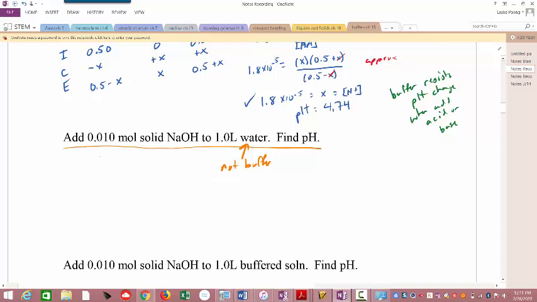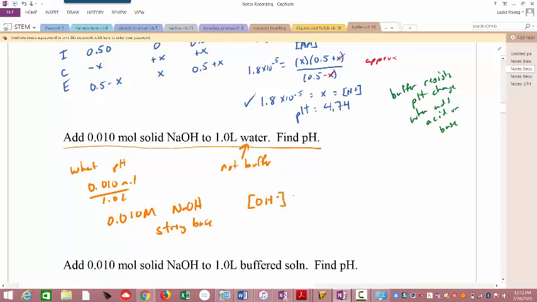This is just, what's the pH of 0.01 moles per 1 liter, so 0.01 molar sodium hydroxide, which is a strong base.